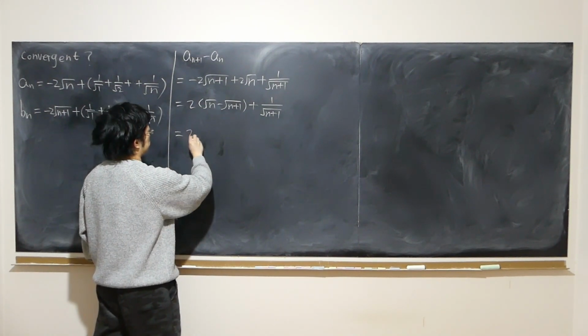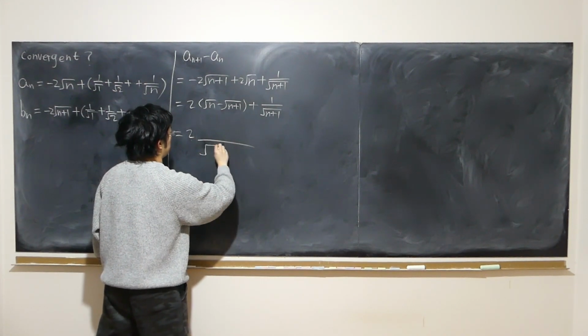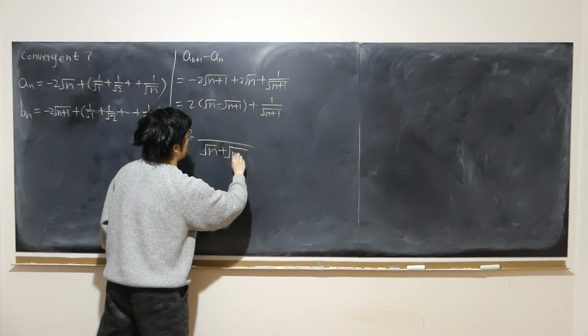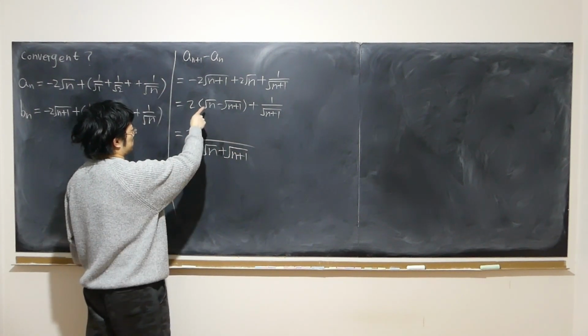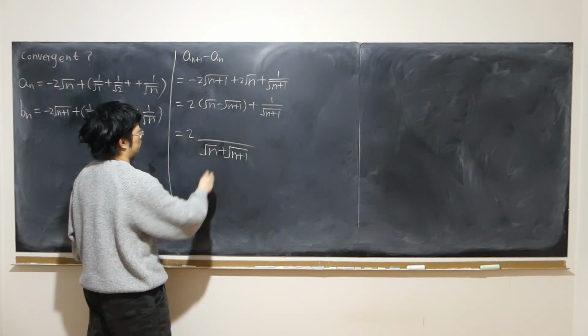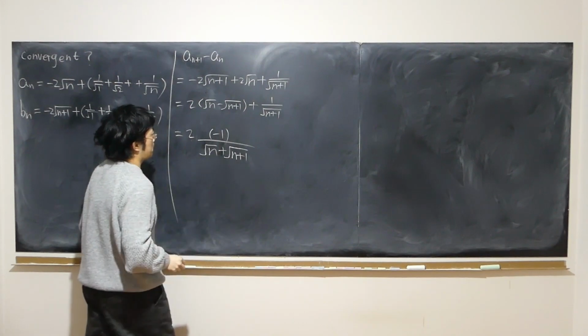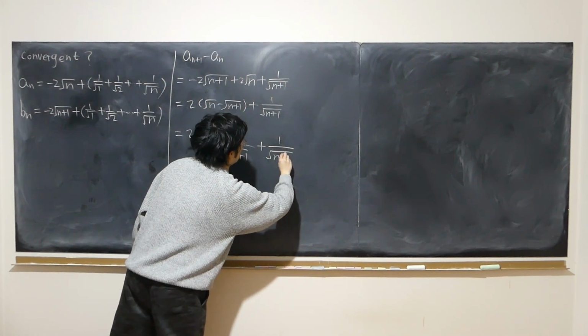So what do I have? 2 times, on the bottom, I have the square root of n plus the square root of n plus 1. On the top, I have just square this and square that, take their difference. I have minus 1. And plus 1 over the square root of n plus 1.